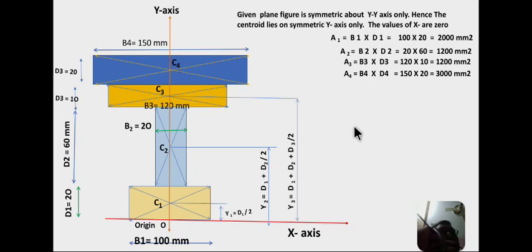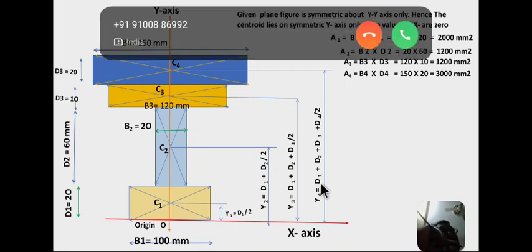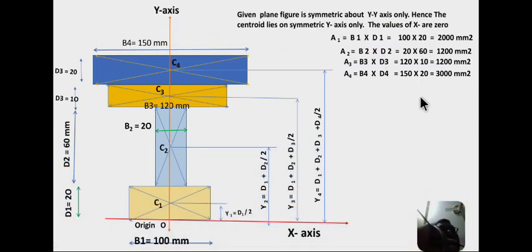It is at a distance of y4 from the x-axis. So y4 equal to the height of the bottom rectangle plus the vertical rectangle plus the third rectangle plus half of the fourth rectangle. So y4 equal to D1 plus D2 plus D3 plus D4 by 2.